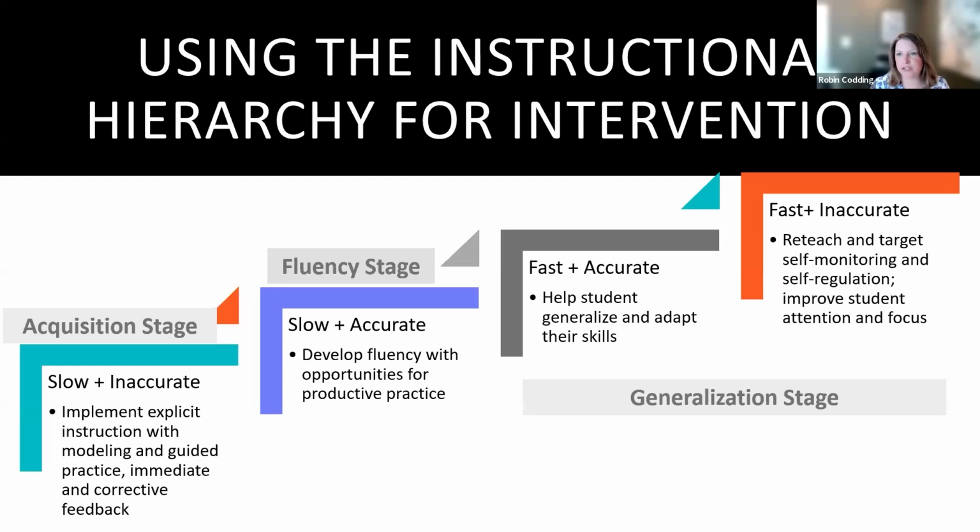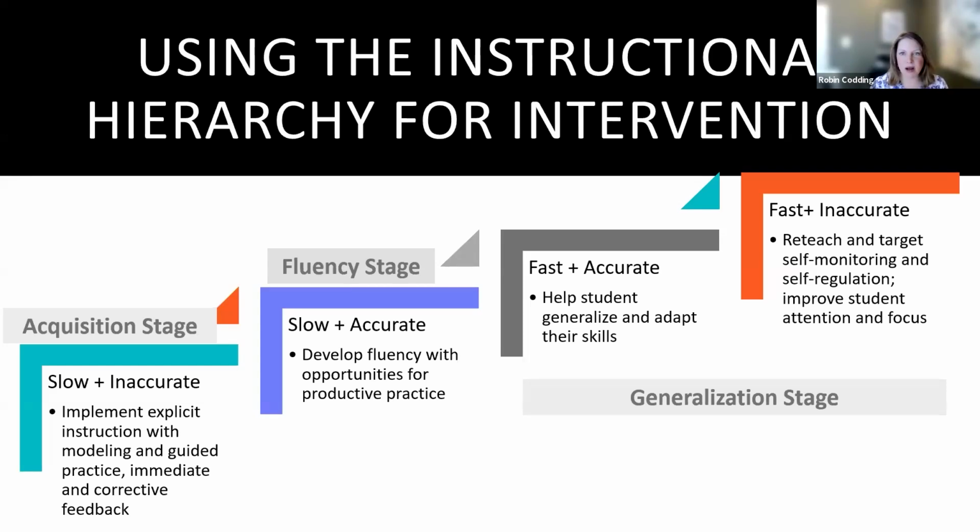And then we may see a couple of different patterns for students in that generalization stage. They might be accurate, efficient, and quick, but they're not demonstrating those skills in more complex problems. Or they may have previously demonstrated that accuracy and fluency, but their performance is inconsistent. So in that case, we might want to target self-monitoring and self-regulation, improve student attention and focus.